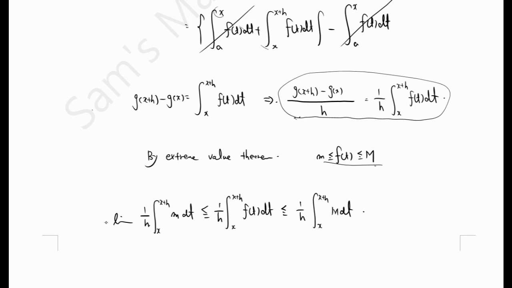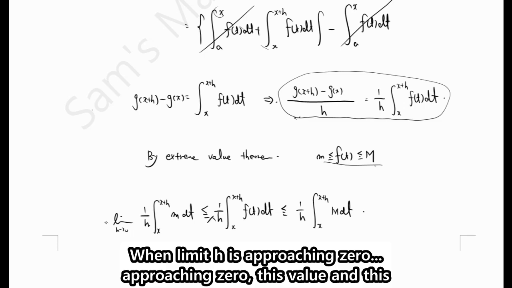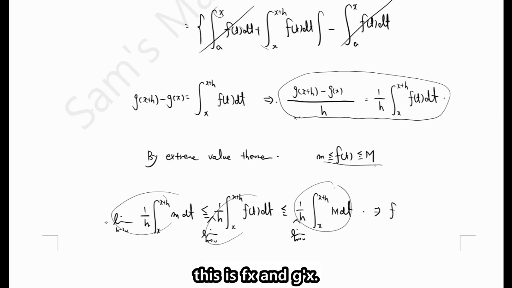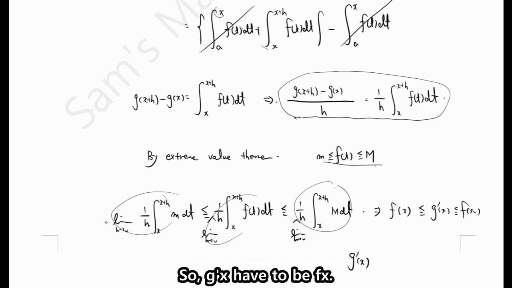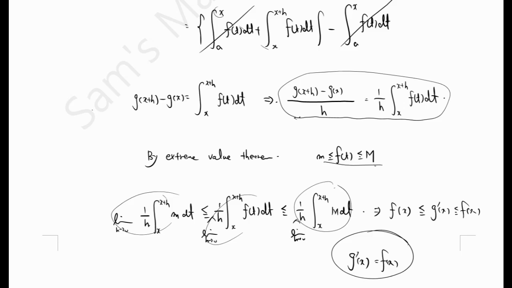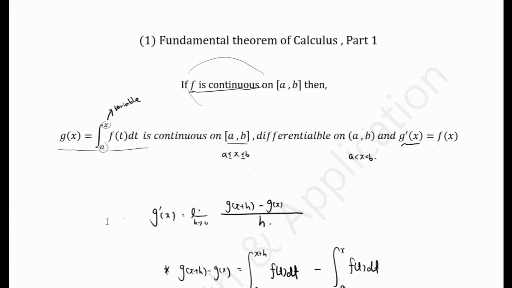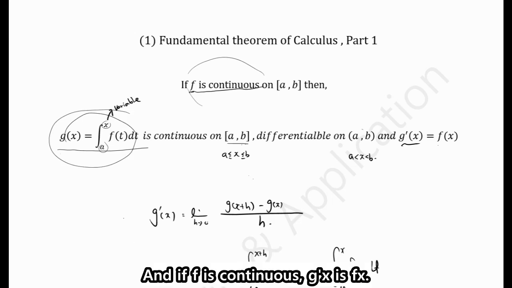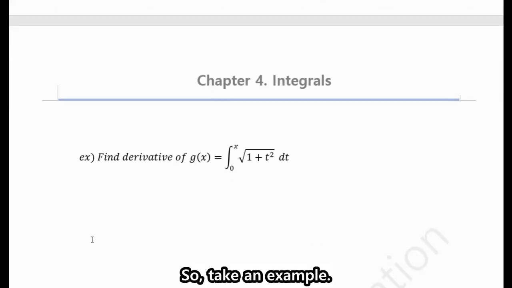So when the limit as h approaches 0, this value and this value approach f(x), and g prime x is f(x). So g prime x has to be f(x). This is the conclusion. So if we define g(x) as this definite integral, and if f is continuous, g prime x is f(x). This is the conclusion.